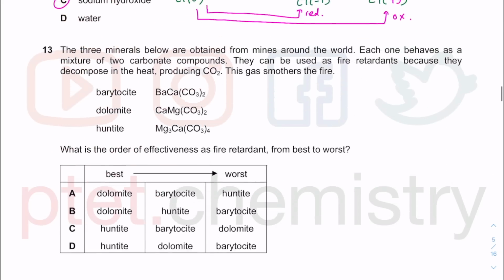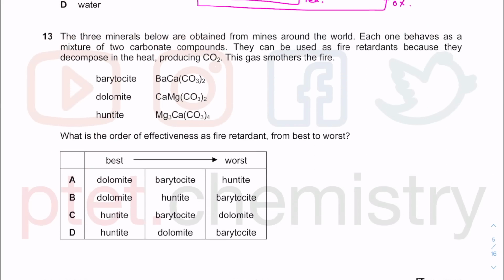Number 13, we have this group 2 chemistry. So these are mixtures. Each one behaves as a mixture of 2 carbonate compounds. You can use them as fire retardants because they decompose in the heat, giving you CO2. And we know that CO2 is used to help put out fire, it does not support combustion.